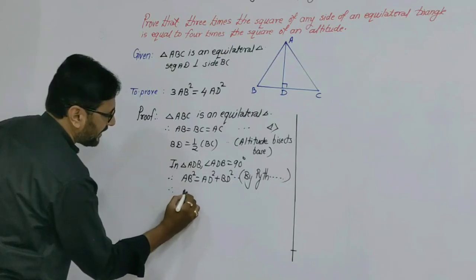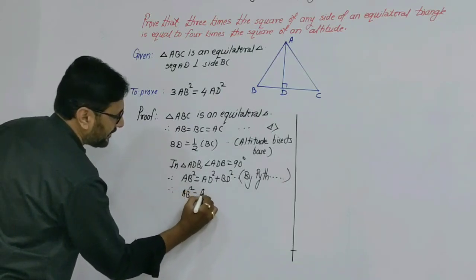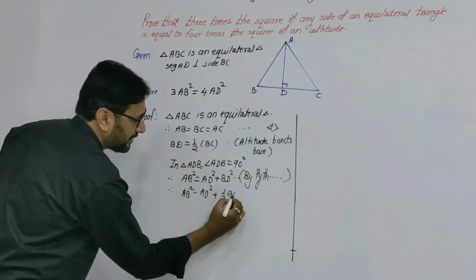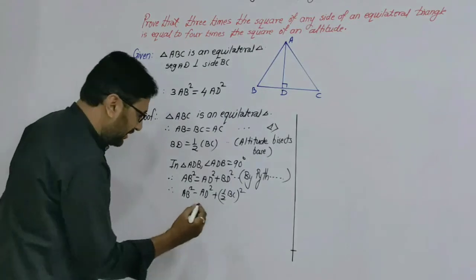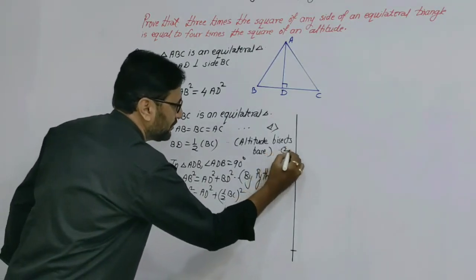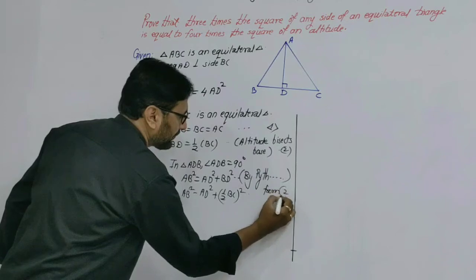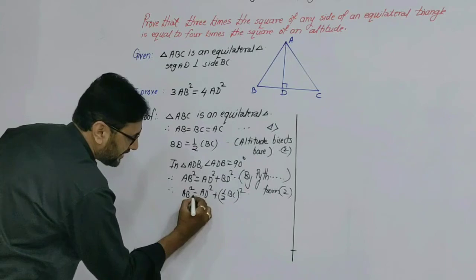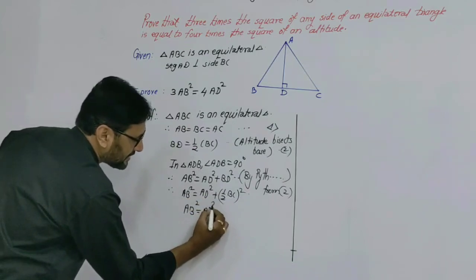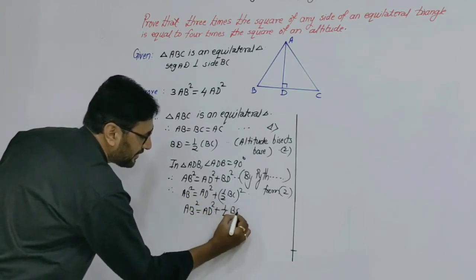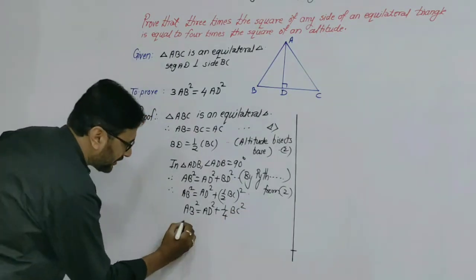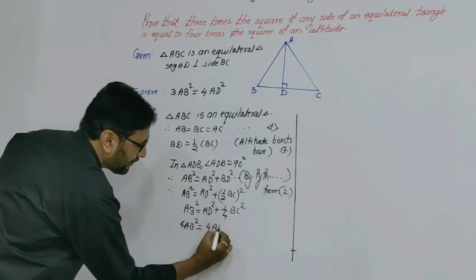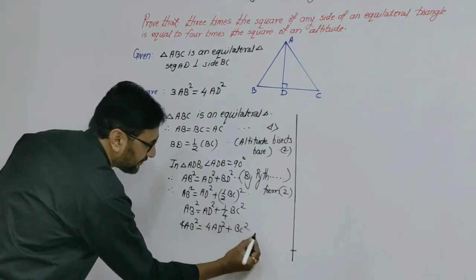So AB square is equal to AD square, but BD is half of BC, so half of BC the whole square. Suppose this is 2, from 2 AB square is equal to AD square plus 1 upon 4 BC square, multiplying throughout by 4. 4AB square is equal to 4AD square plus BC square.